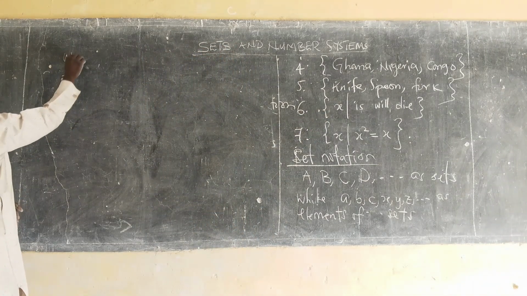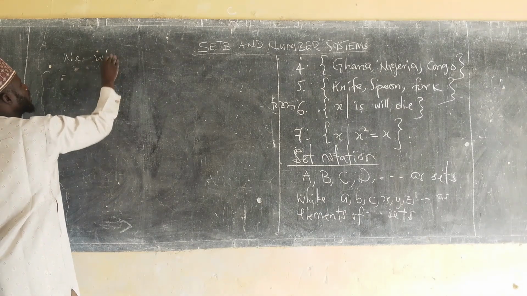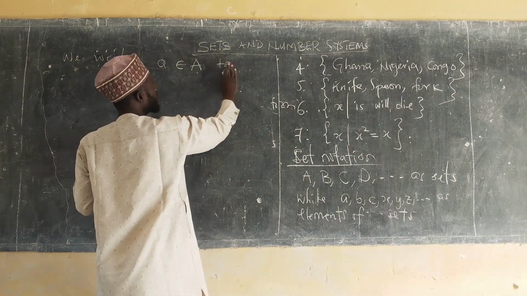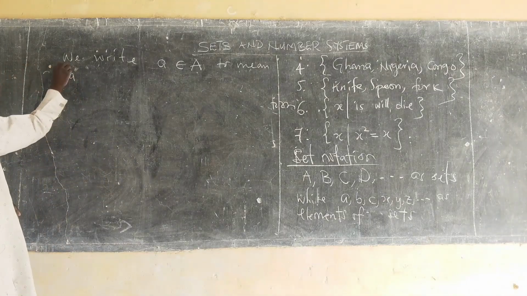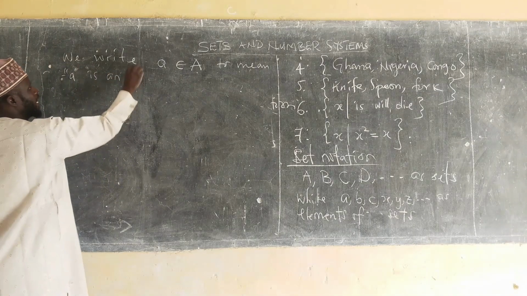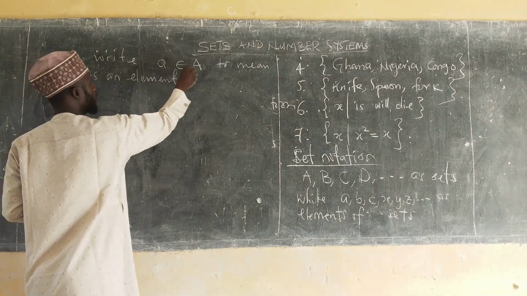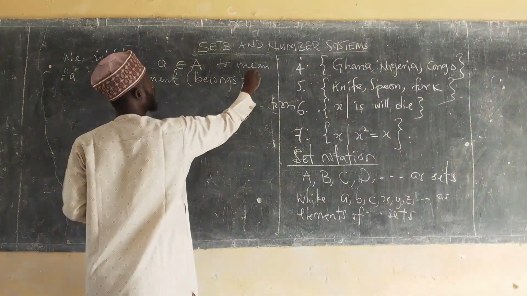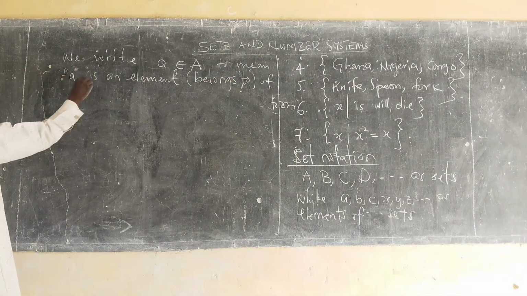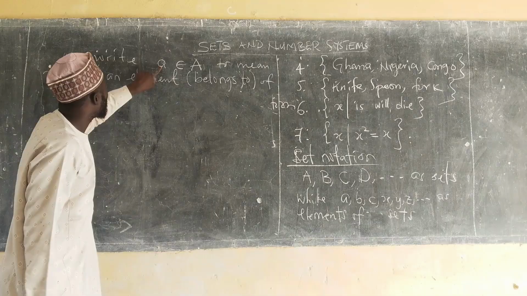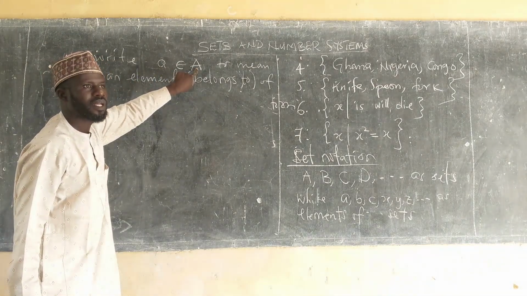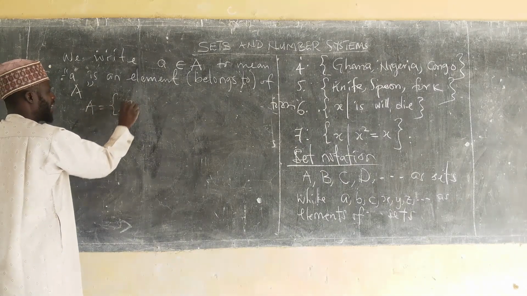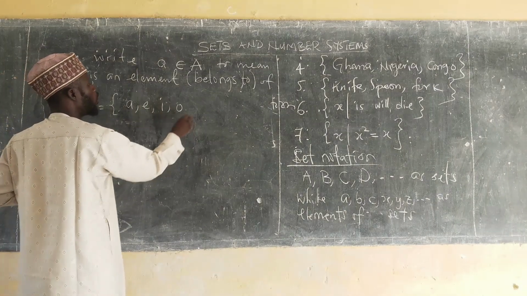So, we write a ∈ A to mean a is an element of A, or belongs to A. If you see this, it means a is an element of A. An example here, we can write A equals {a, e, i, o, u}.